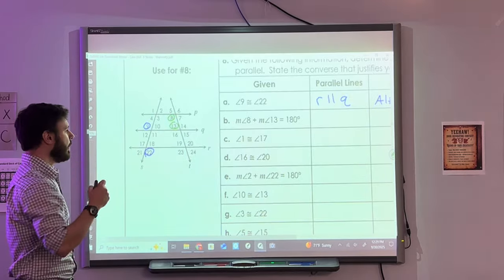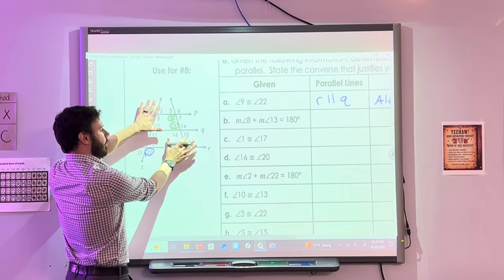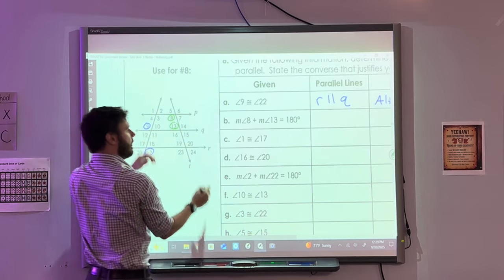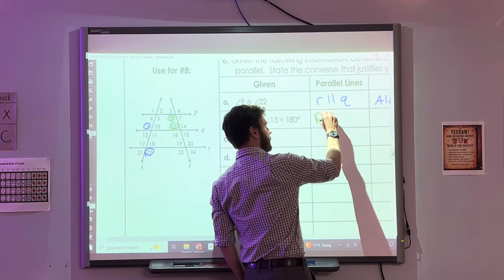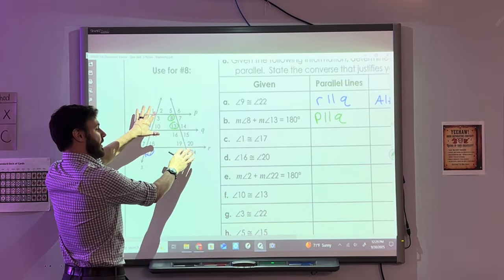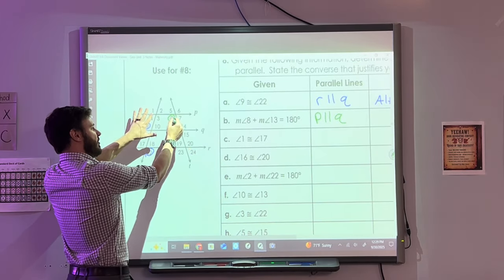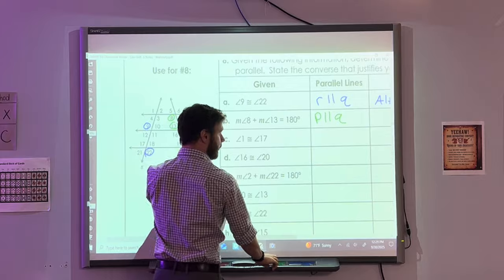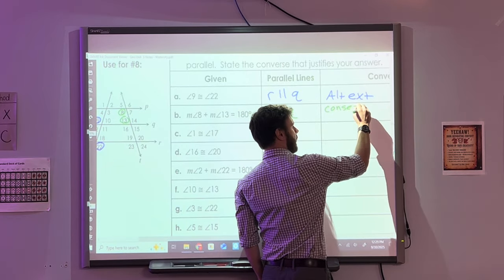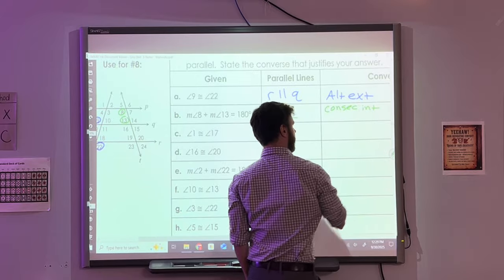Okay. I can cover all this extra stuff up. I only care about this stuff here. The parallel lines are P and Q. And it tells me they add up to be 180, which consecutive interiors should. So my reason is consecutive interior angles.